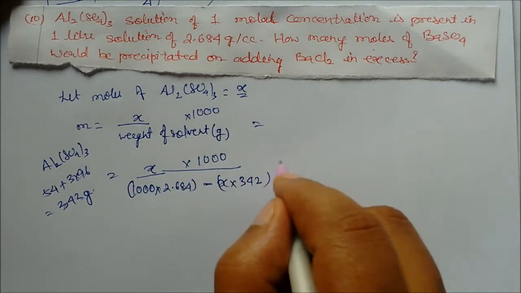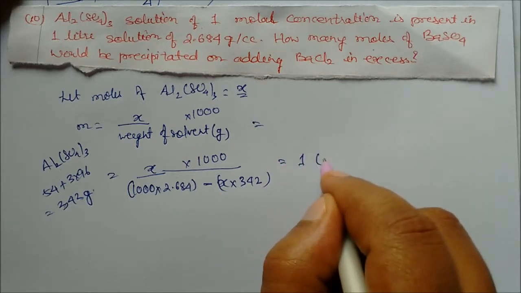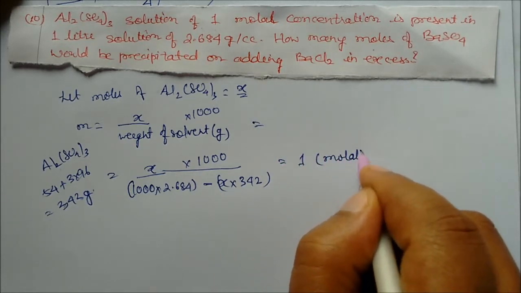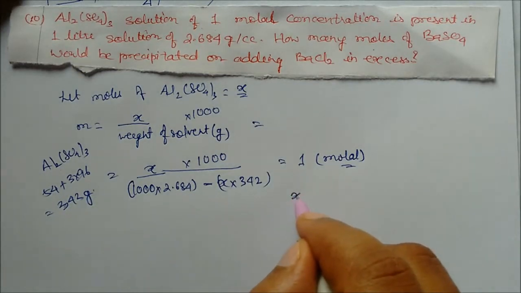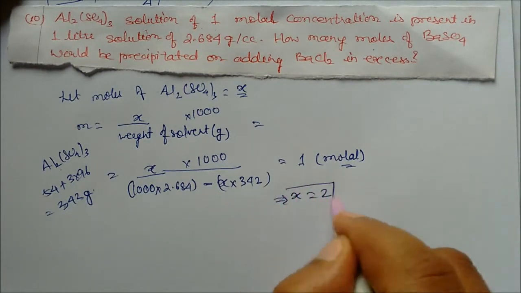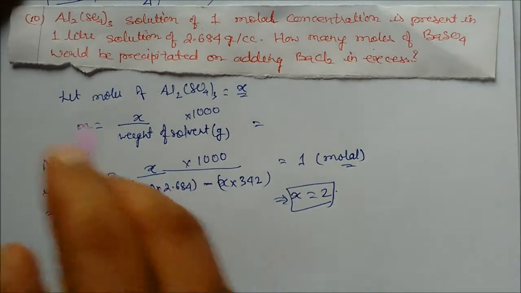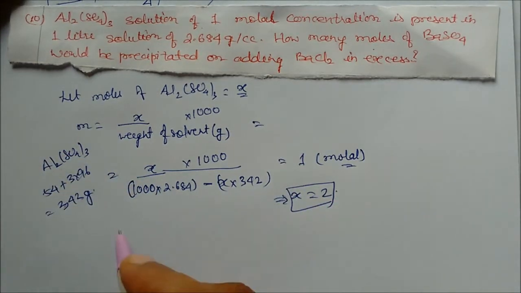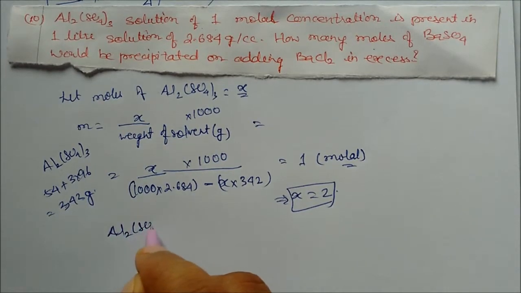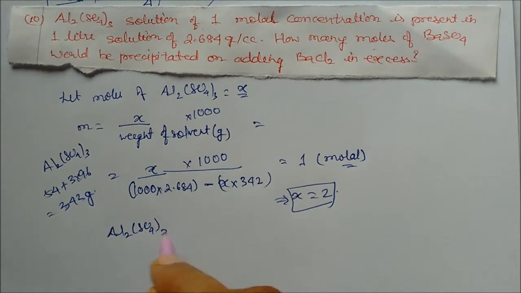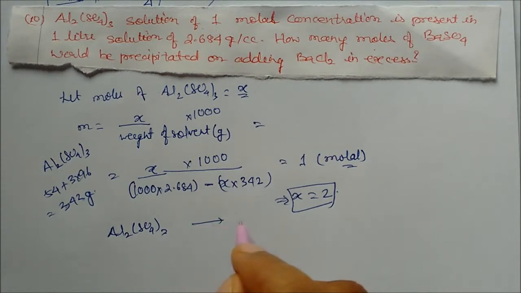Okay, and this is equal to 1. So this 1 means 1 molar. Already this is given in the question. So on solving we will get x equal to 2. This value we will get. So 2 is the moles of aluminum sulfate. So now, in aluminum sulfate there is SO4, so this is converting into which one?